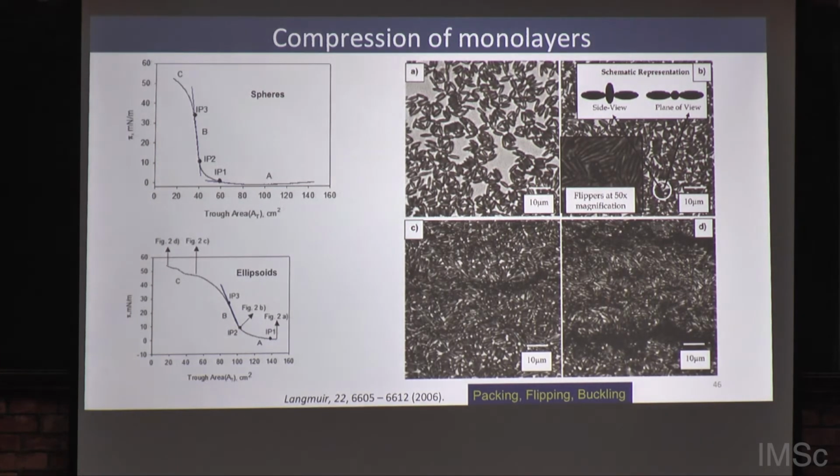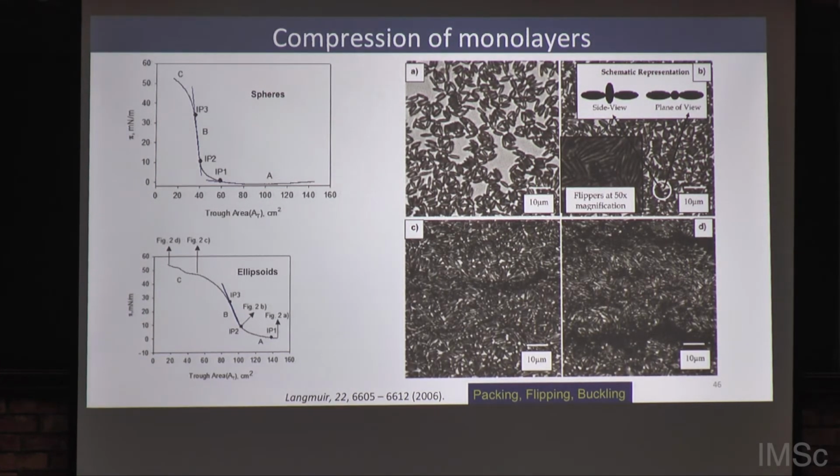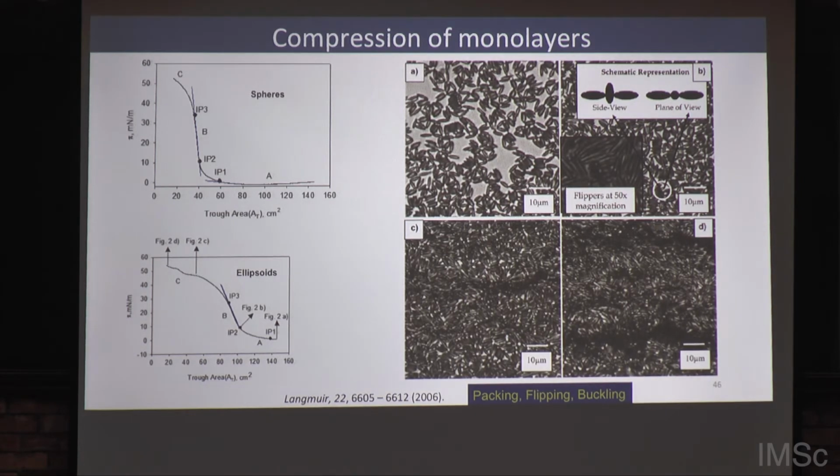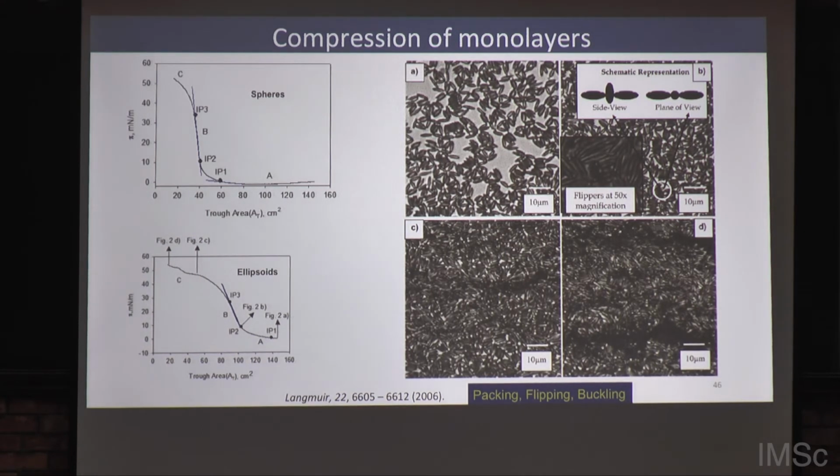These are the cases where the particles that were lying flat at the interface flip out of the plane. And that's what is called flipping. That flipping happens basically to reduce the stress; these particles can't take the stress anymore that is being applied because of the compression. To release the stress, they come off.